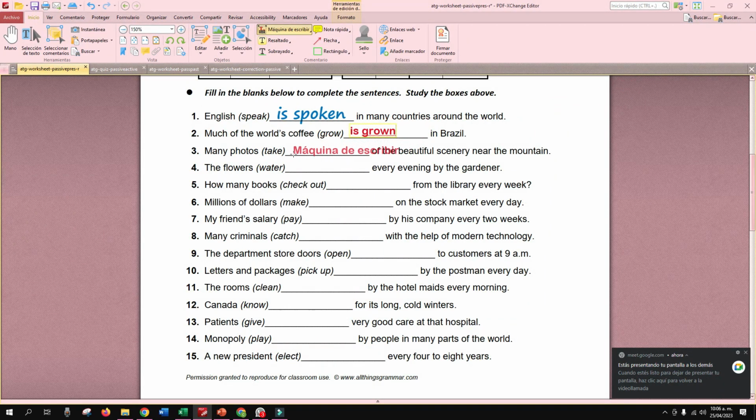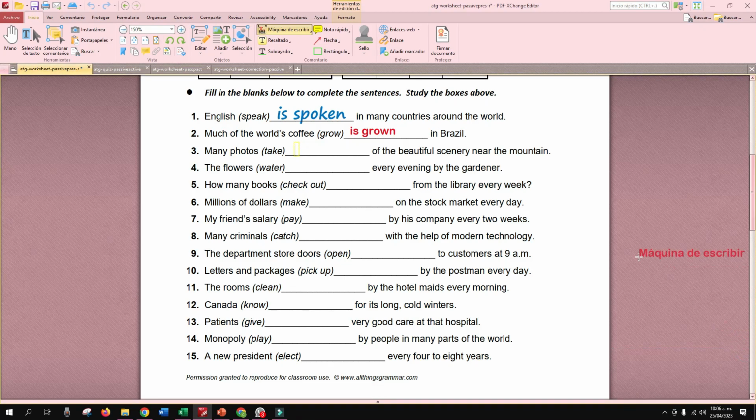What about the number 3? Many photos, often of the beautiful scenery near the mountain. Which could be that for us? Are taken. Remember, you take into account the subject, right? So photos are taken of the beautiful scenery near the mountain.